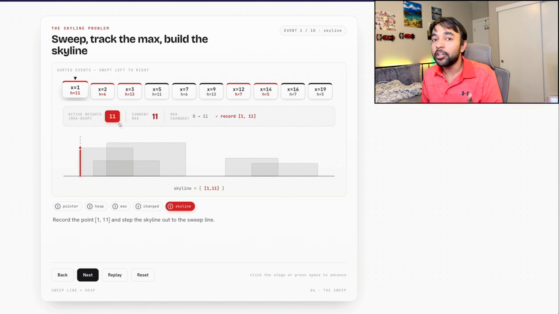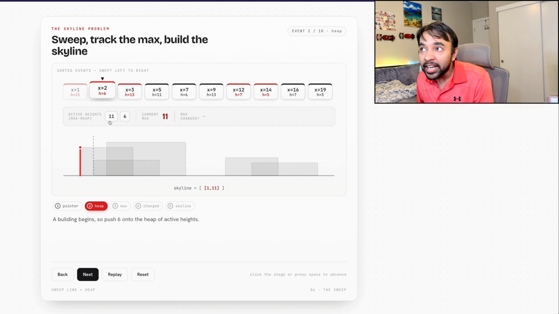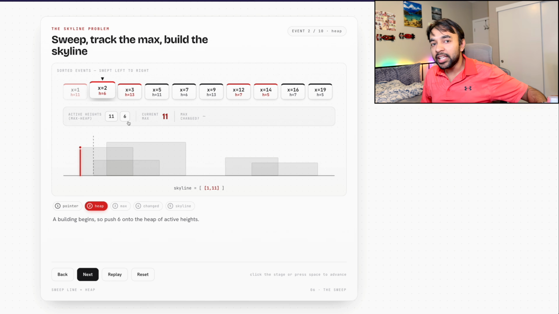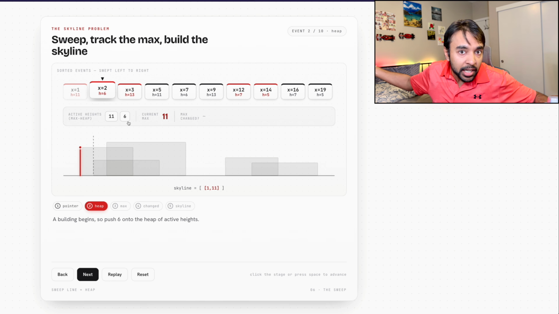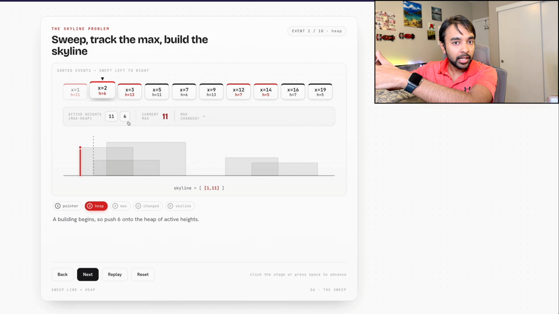Up till now, what did we do? We parsed a single event and this is the current state. Let us keep on going ahead now. What happens at x equals to 2? A new building comes in and the height of this building is 6. Notice that I kept 6 in my heap because I may need it in the future. The building 11 could collapse and then 6 would be my highest building.